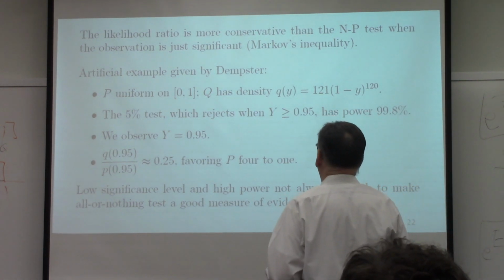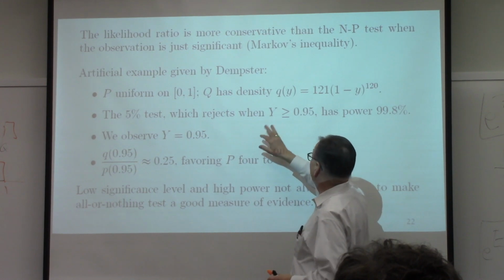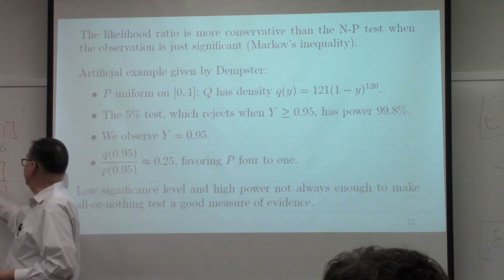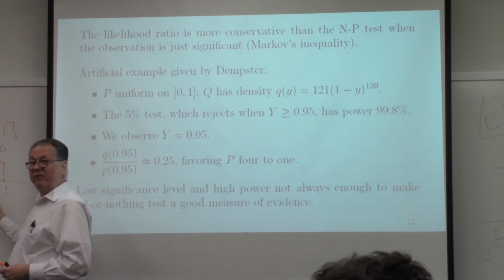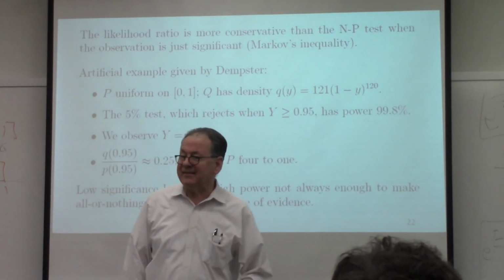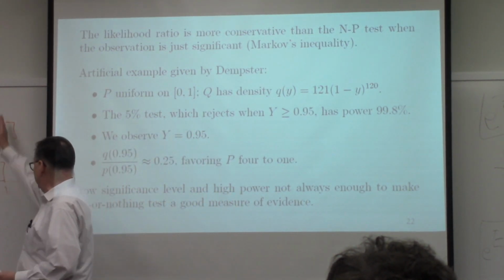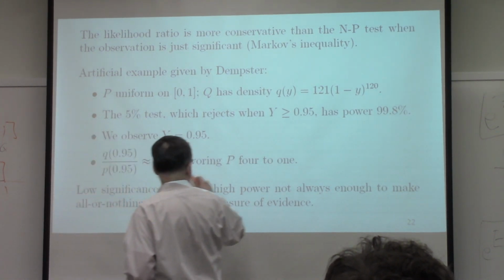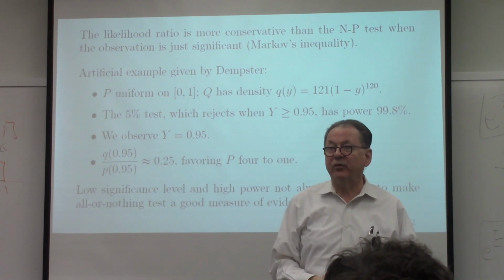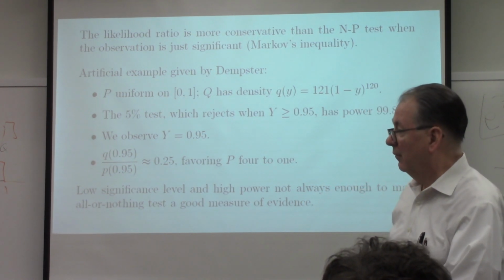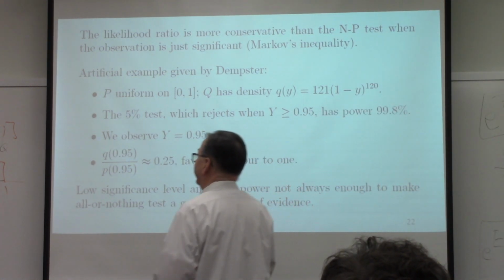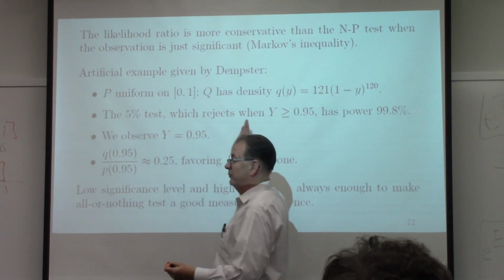So a 5% test would reject when y is bigger than 0.95, because 95% of the Q probability is below 0.95. So there's only a 5% chance of being up here, so that's a 5% rejection. And under Q, you're very likely to be up here. So that test has power 99.8%. This is an example of a test that is very powerful and has a low significance level.